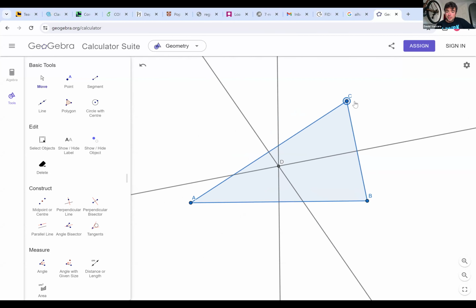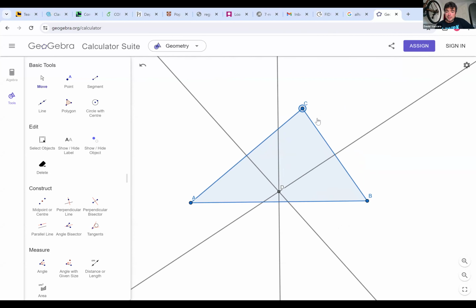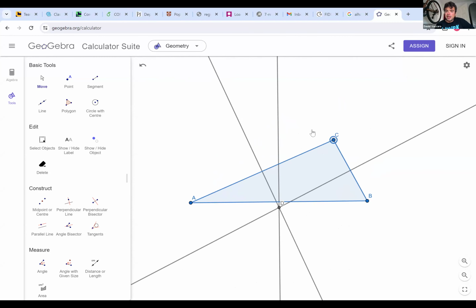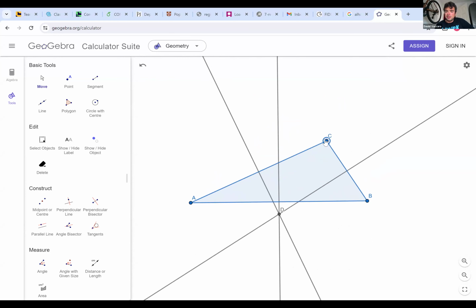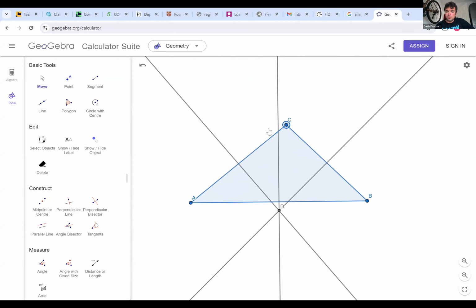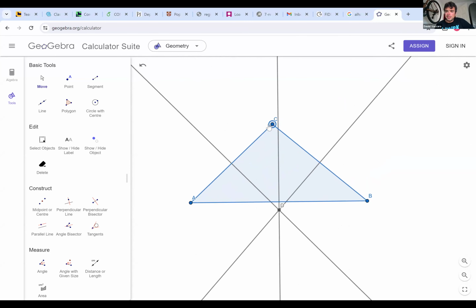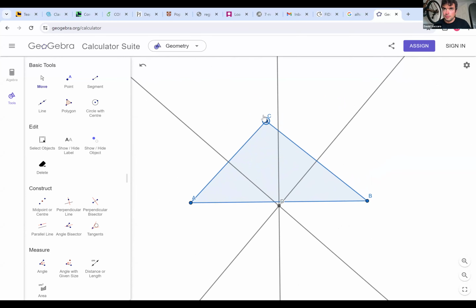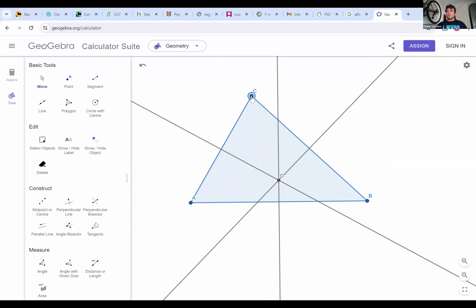So initially it always seems to lie inside of the triangle, but sometimes it lies outside of the triangle. That's interesting. Okay, so I'll leave that as a little teaser for the moment.